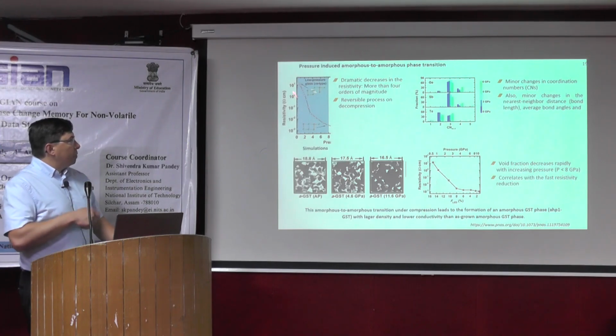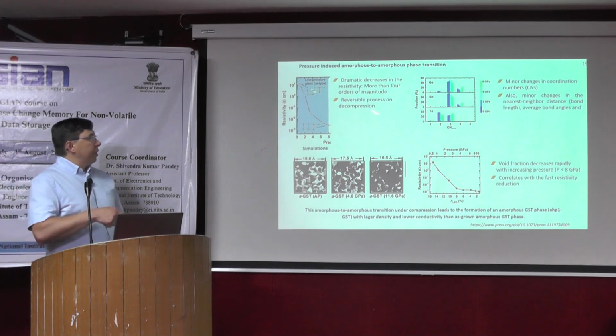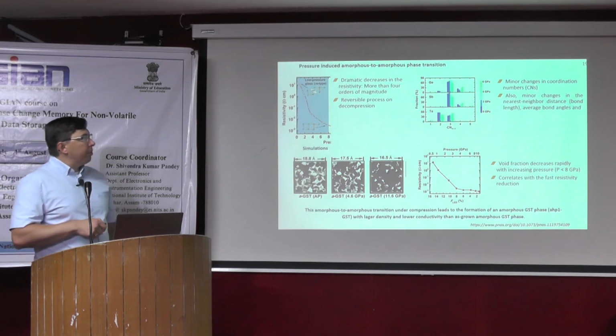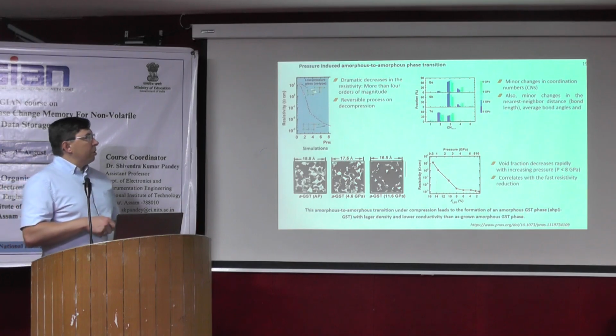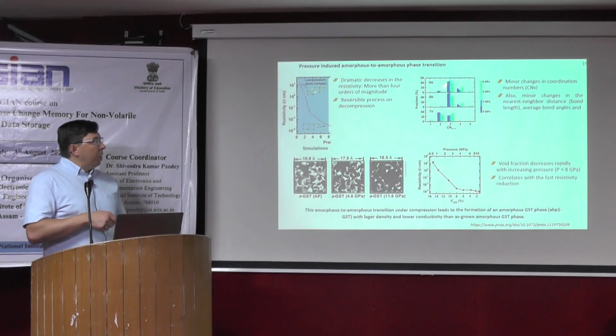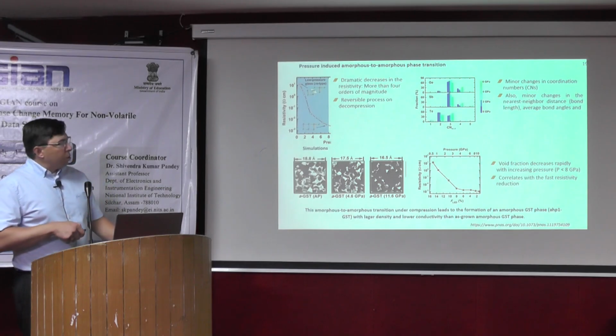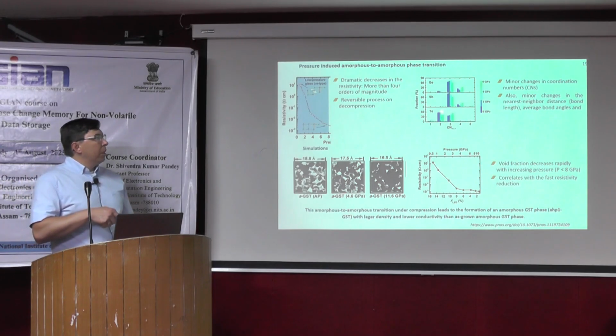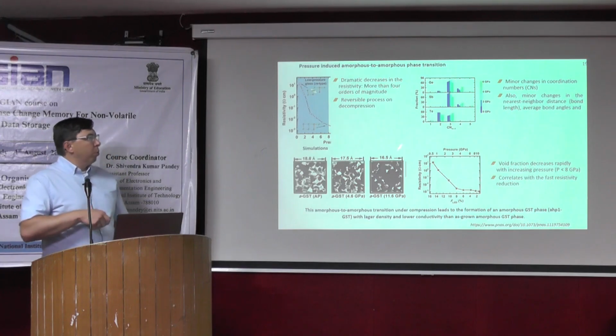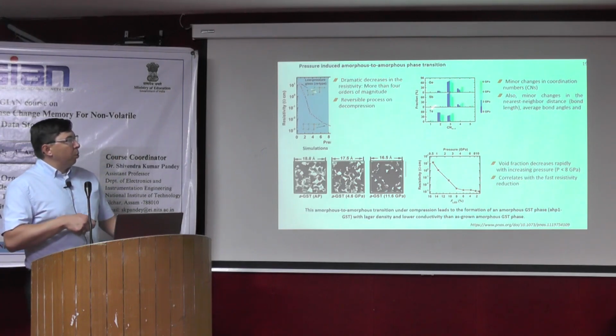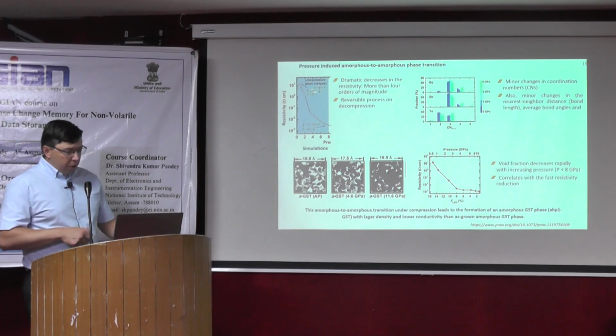This is several orders of magnitude, so it's decreasing. But this is a reversible process. During this process, there is a minor change in coordination number, and also minor changes in the nearest neighbor distance. Bond length and average bond length also stay almost the same.